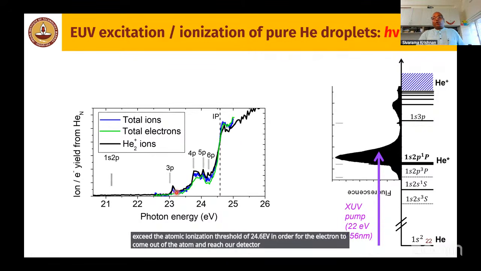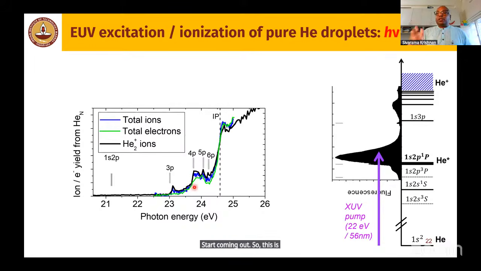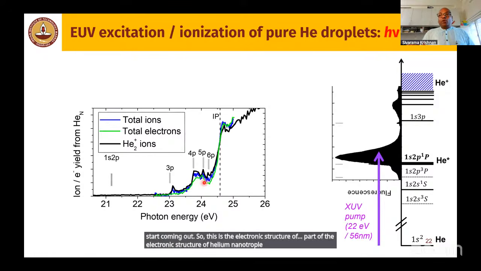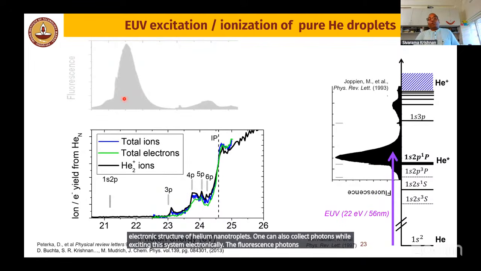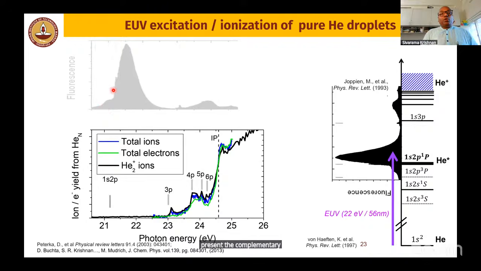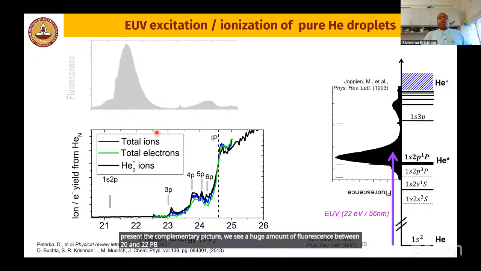For helium droplets, already at about 23 eV, electrons start coming out. So this is a part of the electronic structure of helium nanodroplets. One can also collect photons while exciting this system electronically. The fluorescence photons, if collected as photon energy is swept, present the complementary picture. We see a huge amount of fluorescence between 20 and 22 eV, also 22.5 eV.